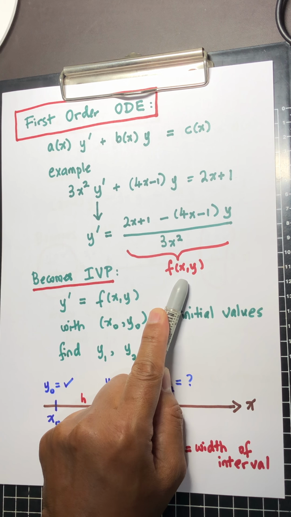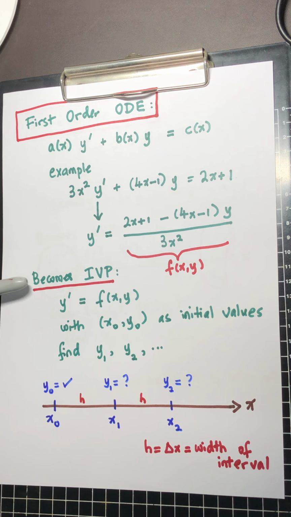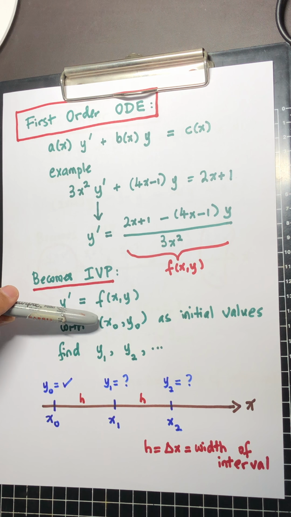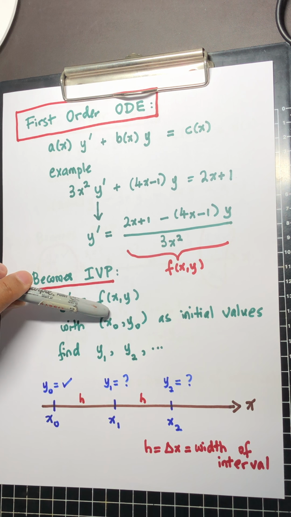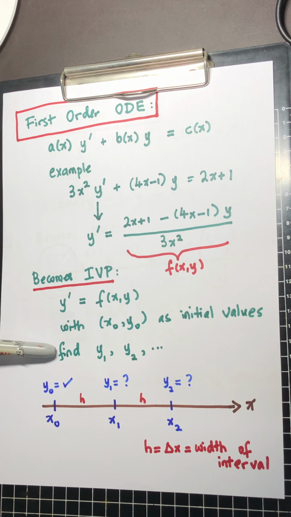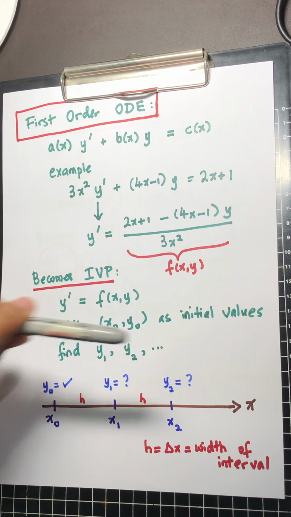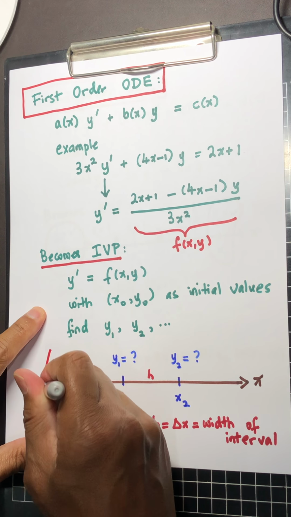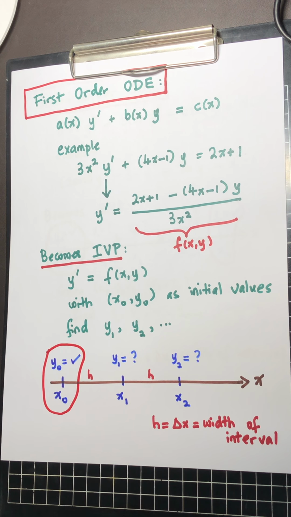Then we can formulate the problem of initial value problem. Given y prime as a function of x and y, which is this one here, and also given the initial values. Initial values are the first value, which is x0 and y0. x0 is given, y0 is given. So we need to find y1, y2, and so on. So here is the map. So we have y0, x0, so the values on the left hand side, which is this one here, are given.